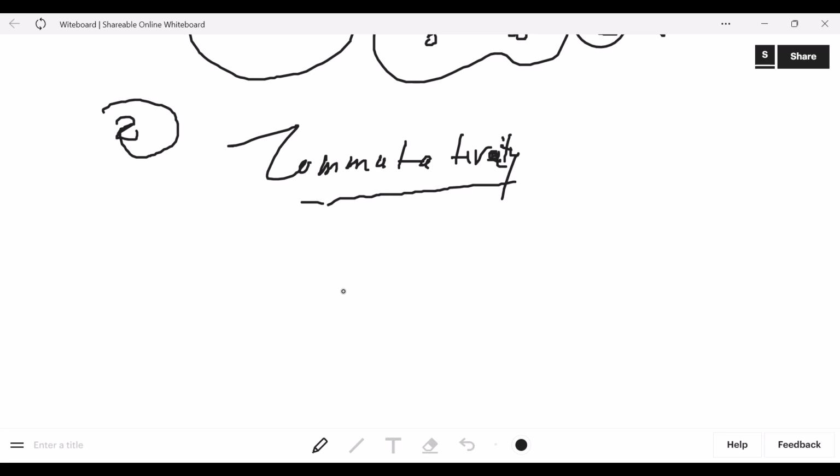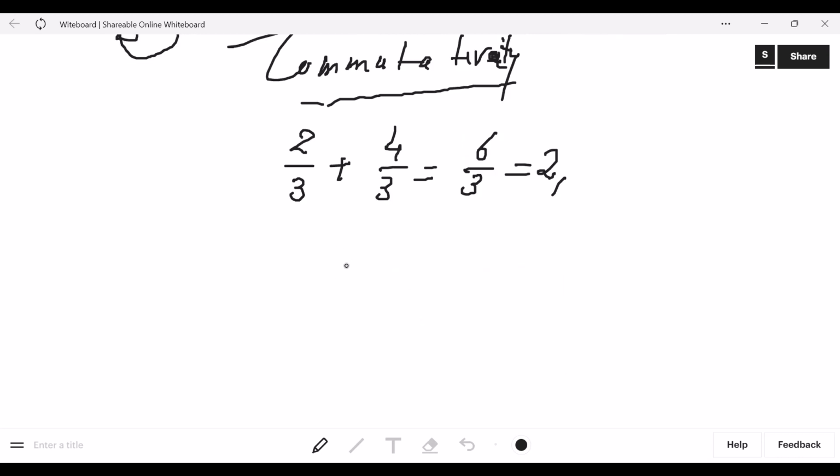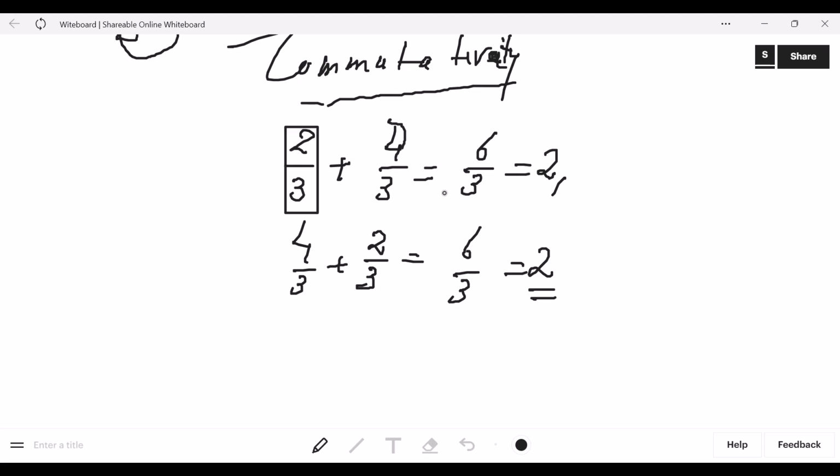For example, if I add 2 by 3 and 4 by 3, result will be 6 by 3 equal to 2. Or I add 4 by 3 and 2 by 3. The result will be again 6 by 3 equal to 2. So here, while adding, the order was reversed, it was changed.